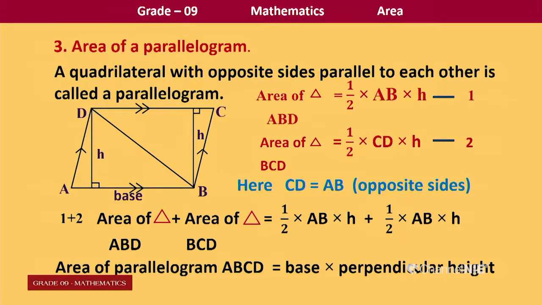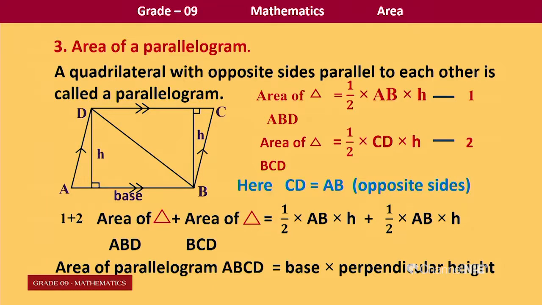What is the special property of a pair of parallel lines? The gap or distance between parallel lines is constant, does not change. Always the gap is equal.